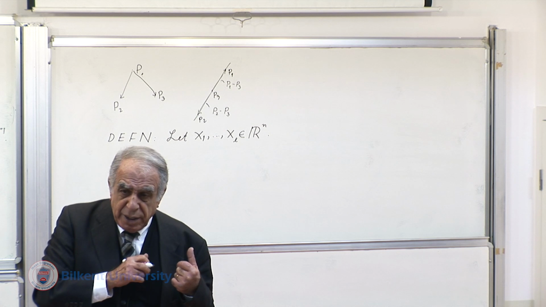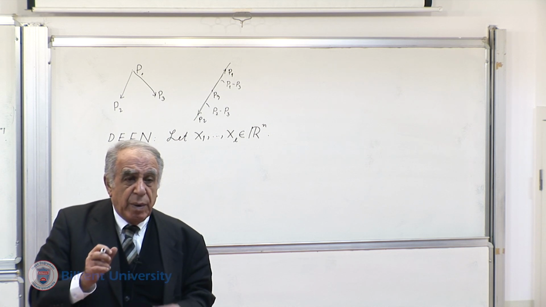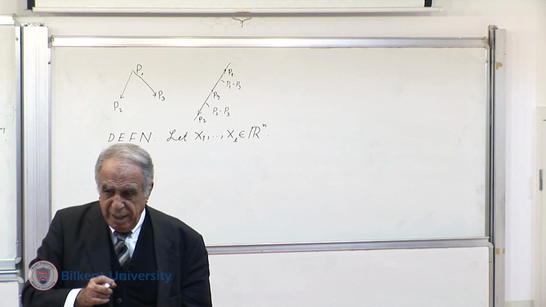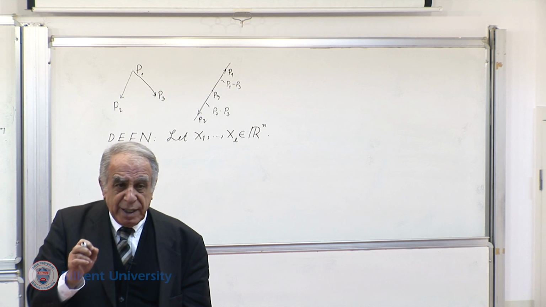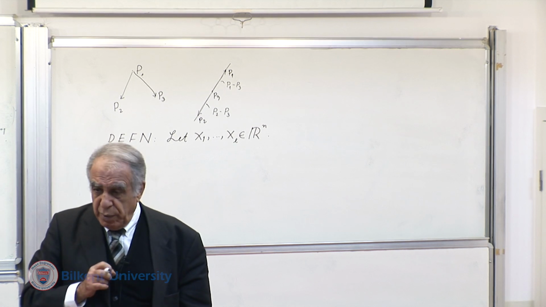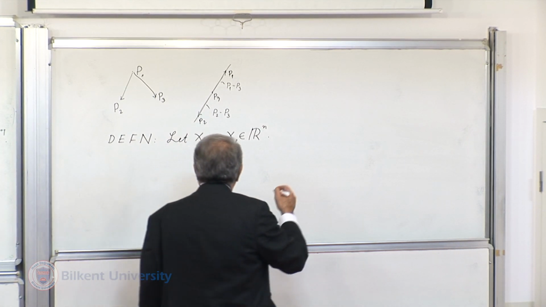Now, the definition we will adopt here for affine independence will be similar to that, but we will put one further condition that the coefficients we use will have to satisfy. But let me first write that.